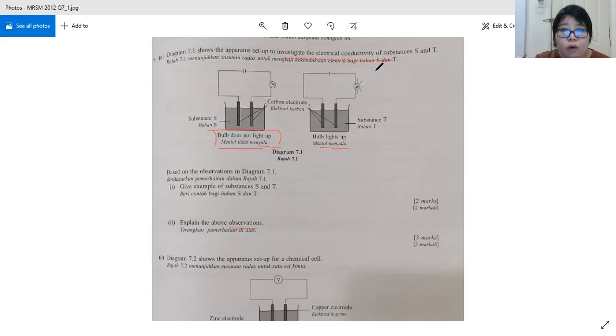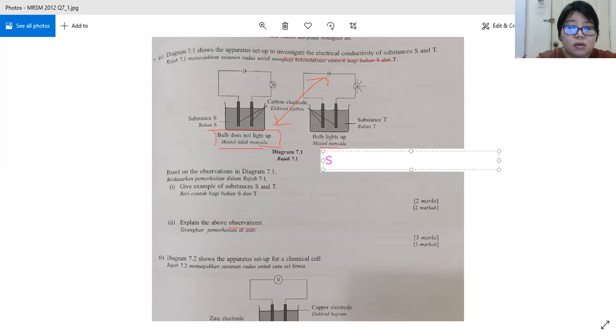Okay, now therefore you are going to relate the bulb does not light up to the conductivity of electricity, meaning to say you are going to have your point 1. S does not conduct electricity.